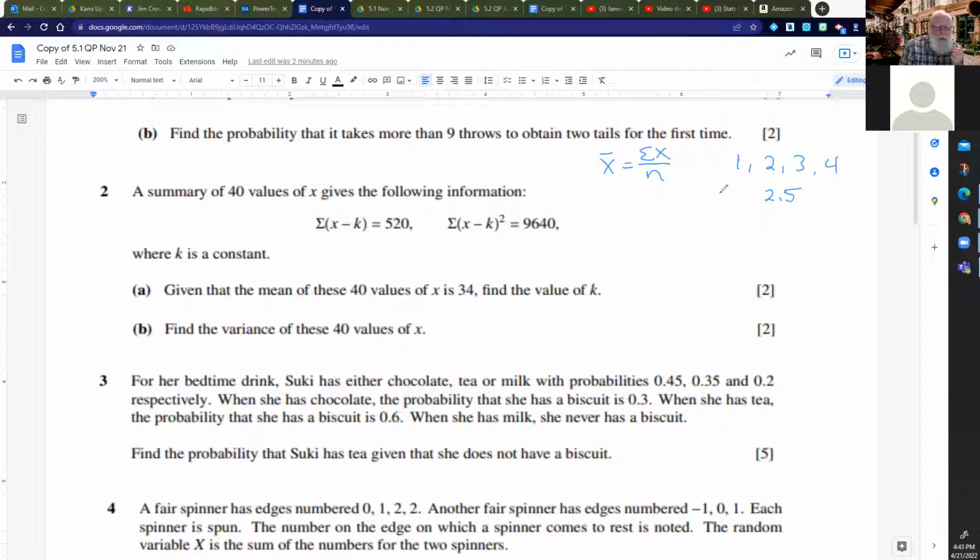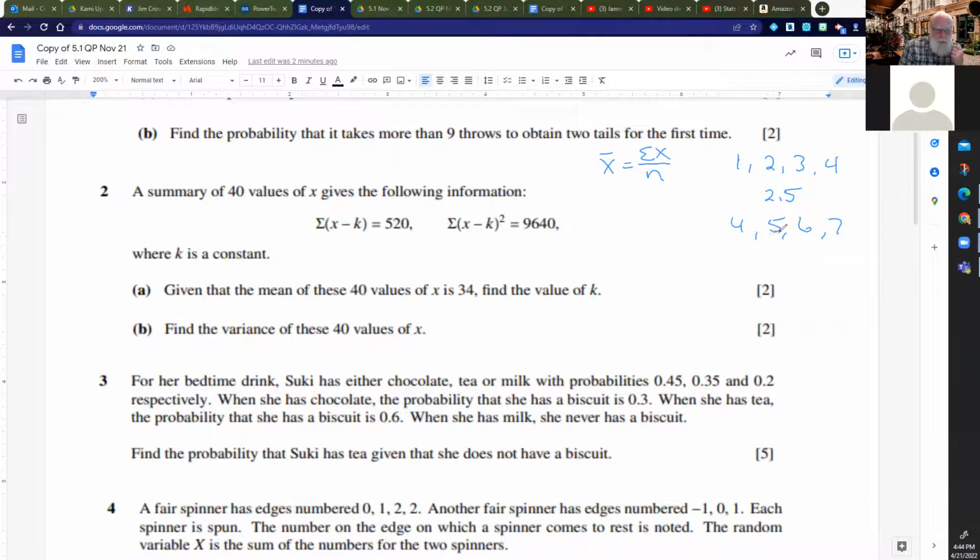Now, what if I add some number to each one of them? What if I add a 3 to it? This would be a 4. This would be a 5. This would be a 6. And this would be a 7. Add those up. What's the average of those? 5.5.